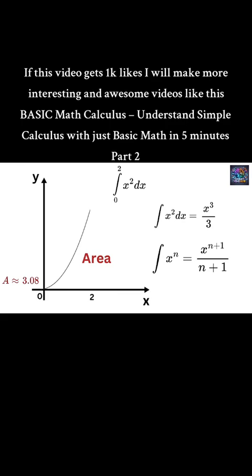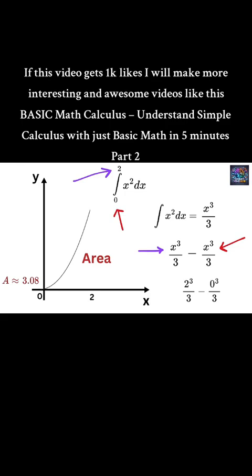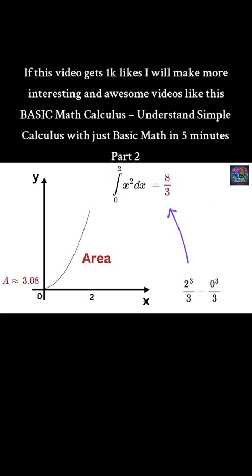Now to calculate the value in numbers, write x cubed over 3 minus x cubed over 3, and put this x equals 2 here, and here put this x equals 0. So it will turn out to be 8 over 3, or nearly 2.67. See, it is so close to our calculated value using 10 rectangles.